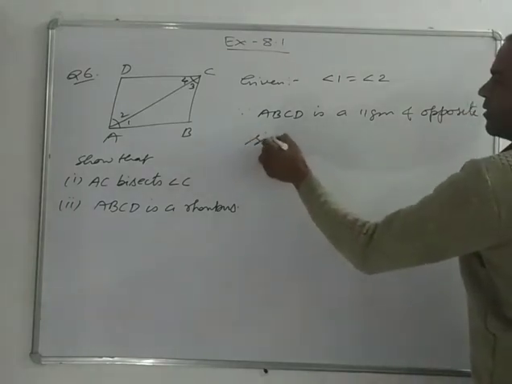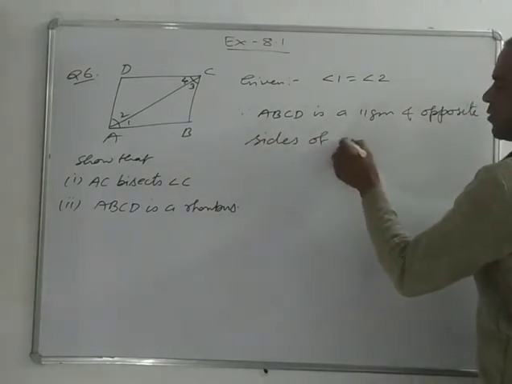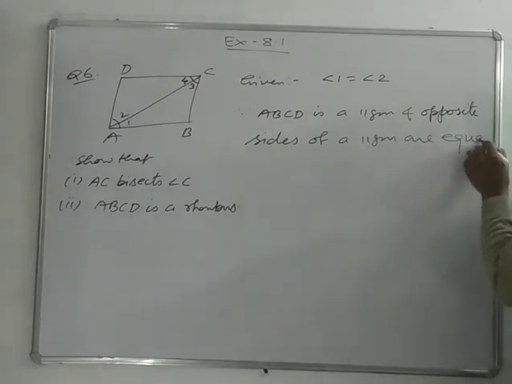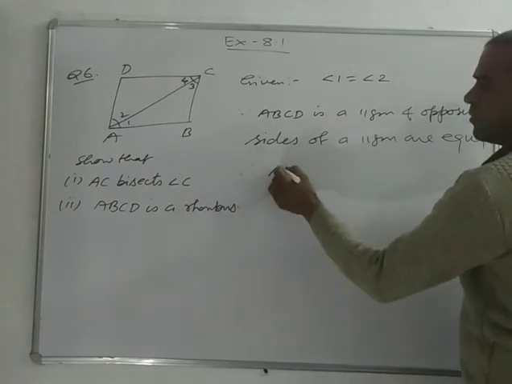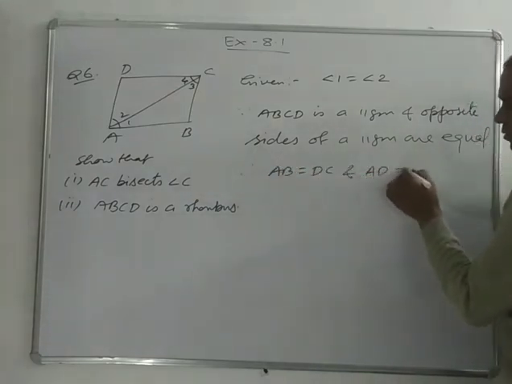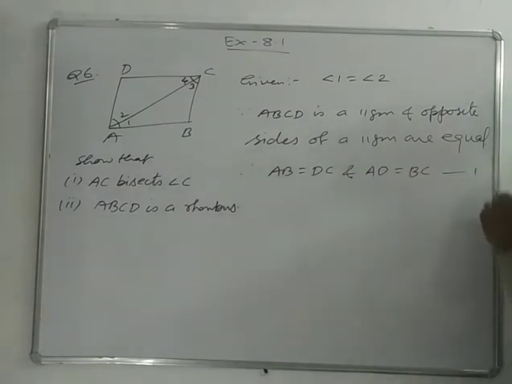Opposite sides of a parallelogram are equal, therefore AB equal to DC and AD equal to BC, is the equation third.